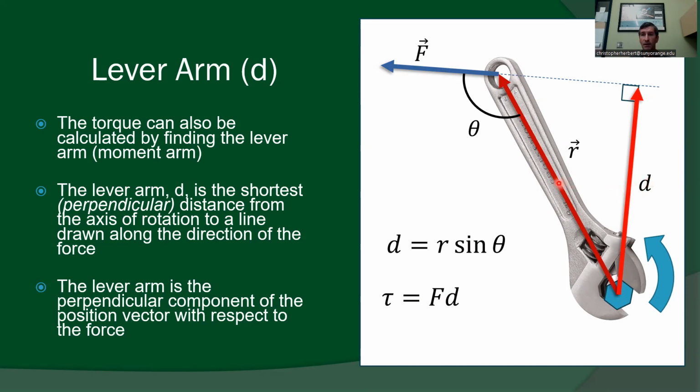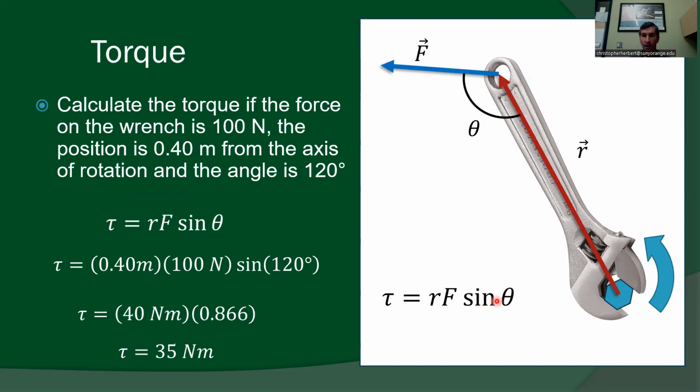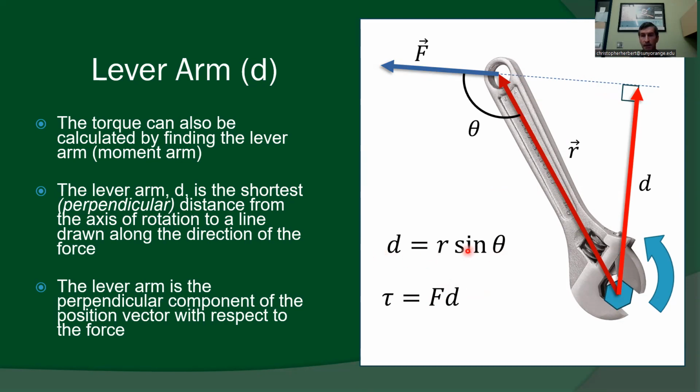So D is a little bit different from R, but D, as you'll see, is actually R times sine theta. So we really don't change this equation that we have right here. We're really combining R and sine theta into one value called D. But again, on certain diagrams, I might be able to identify D better than I can identify R, and I can insert that into this equation, making the torque equation for magnitude very simple, just F times D.